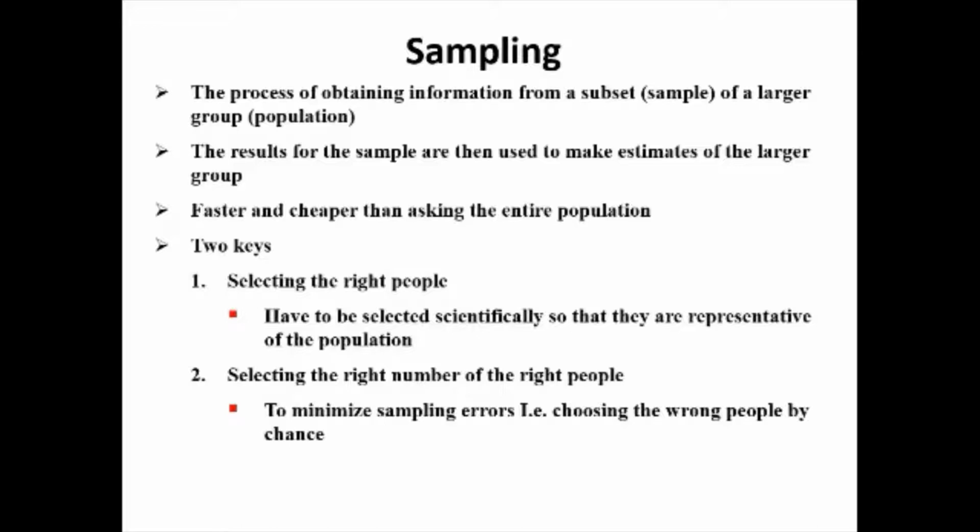Sampling is a process of selection of a part of the population, a subgroup of the population, for the purpose of gathering information. It is called sampling. The results from the sample are then used to make estimates of the larger group.